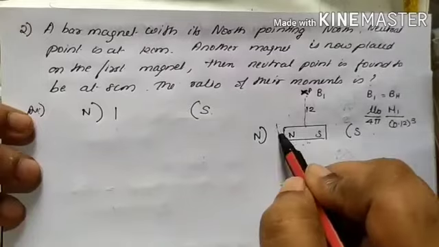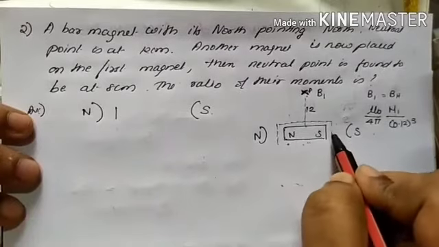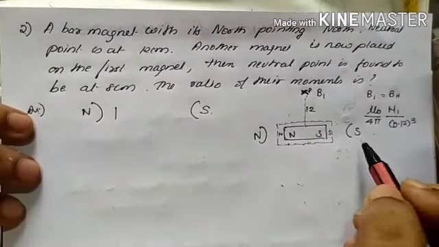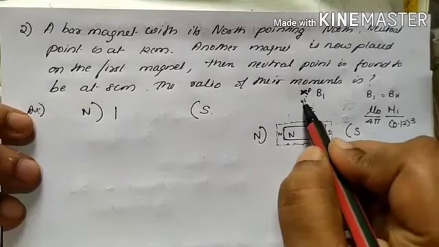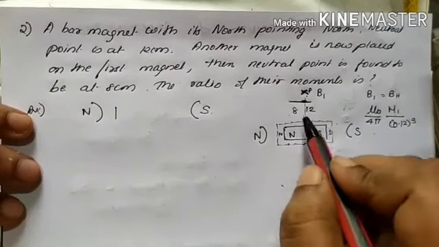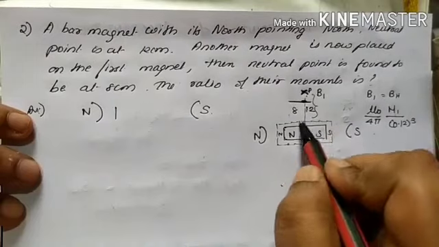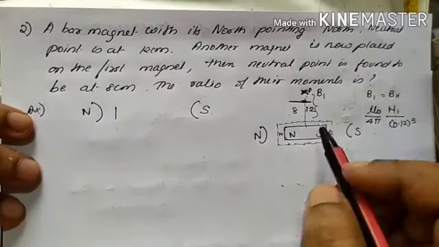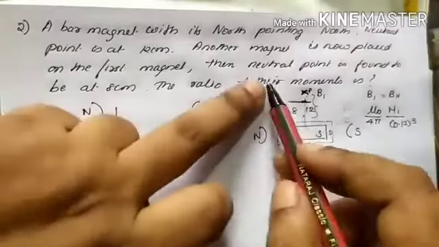Now we are going to draw another bar magnet over it. This is the second bar magnet, its north and south, right? So that now the null point has shifted, and now this is 8 centimeter away from the magnet. Initially it was 12 centimeter, now it is 8 centimeter. That means a new null point.